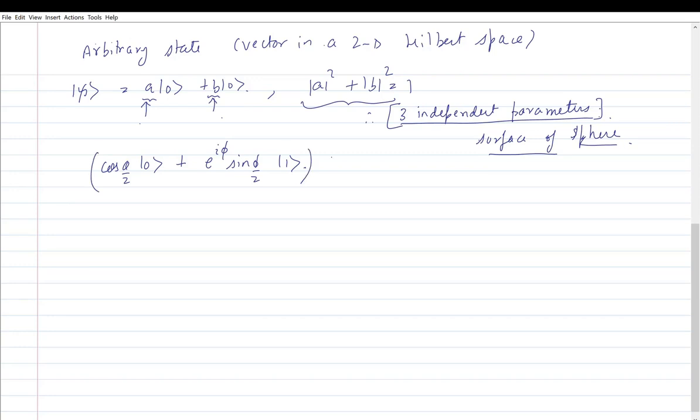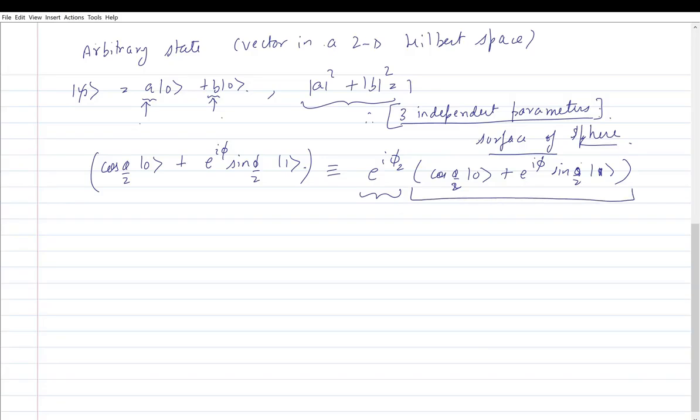This qubit is equivalent to something with an overall phase of, I don't know, phi 2. So an overall phase in front of a qubit doesn't really matter, but the relative phase between the 0 and the 1 is going to matter, as we shall see.